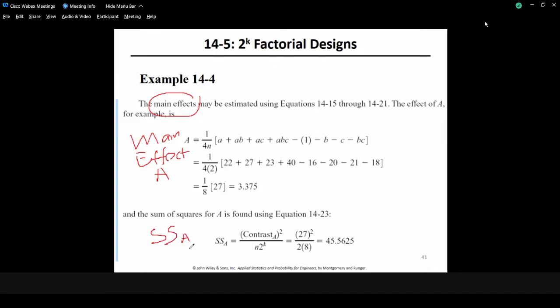By the way, guys, for the effect of A, you can do it like this also, using the mean. This is using the formula. You can also do it like this, using the mean analysis.